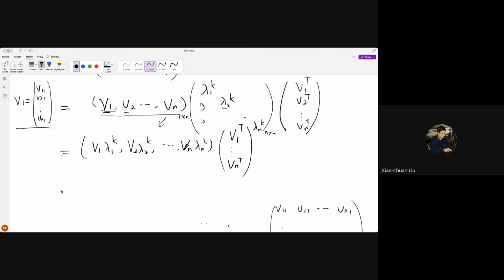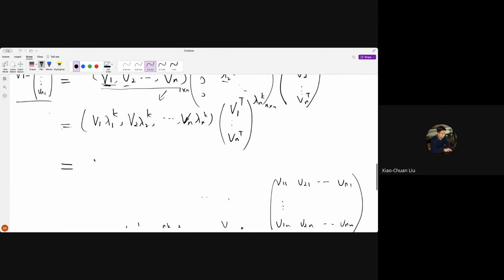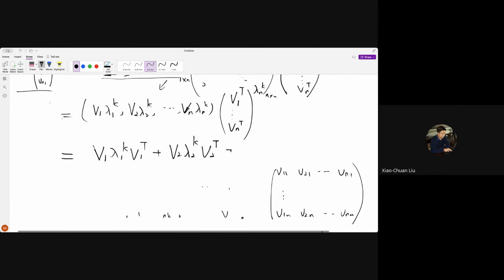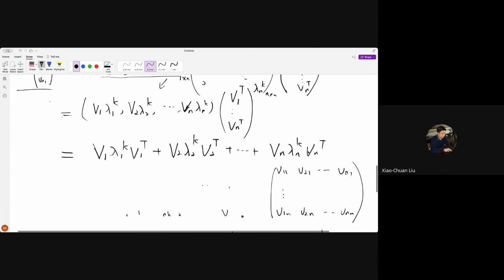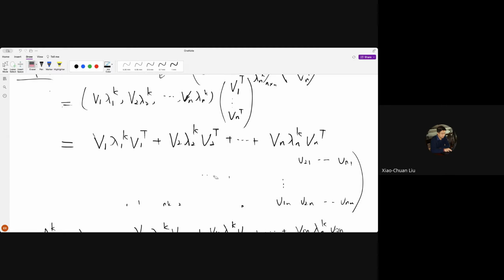So then we got V1, but V1 is a vector, V1 lambda 1 to the power of k V1 inverse, plus V2 lambda 2 to the power of k V2 transpose, plus Vn lambda n to the power of k Vn transpose. Right. Sorry. And what do I want to do about this?